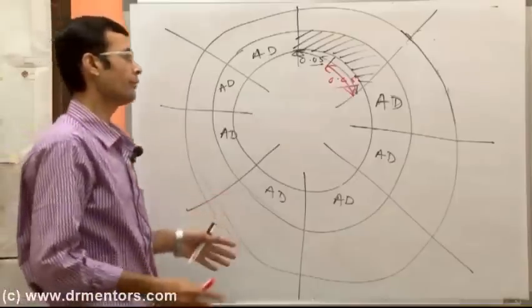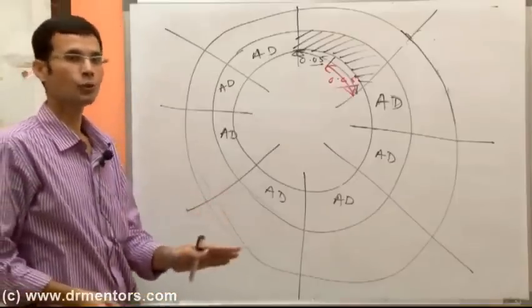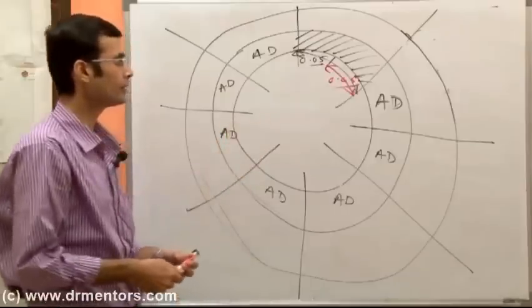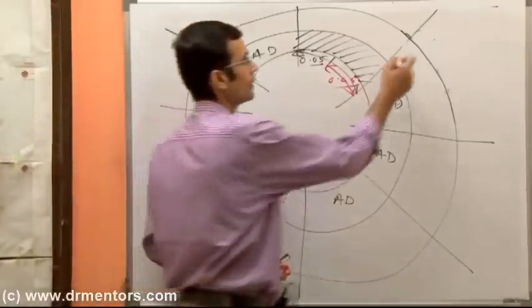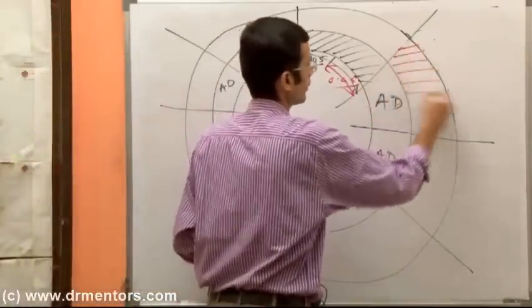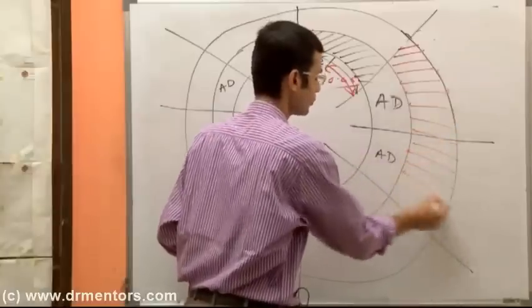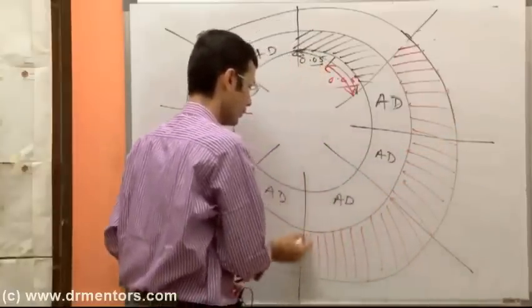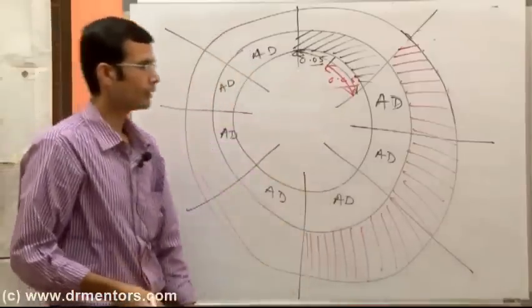Next is ventricular events. Ventricular systole, 0.3 seconds. So we'll show three parts here, point 0.3 seconds, so three parts in the outer circular strip.